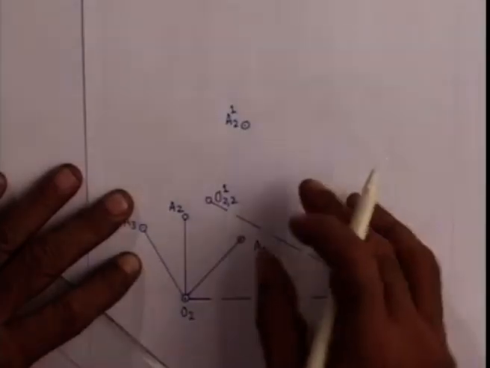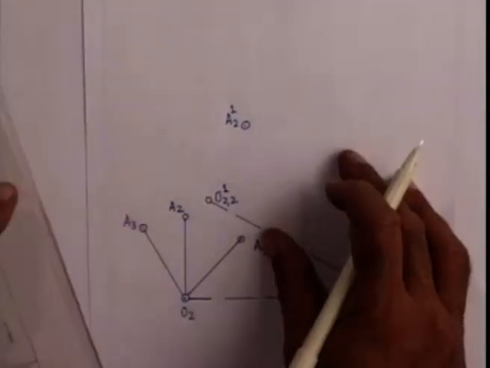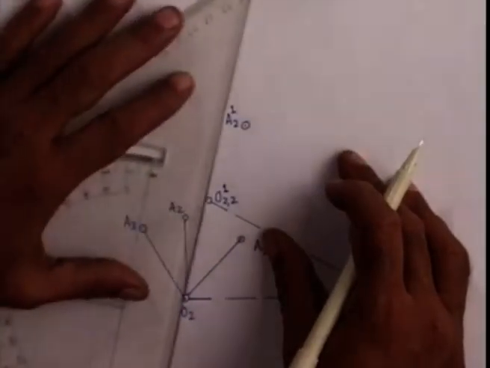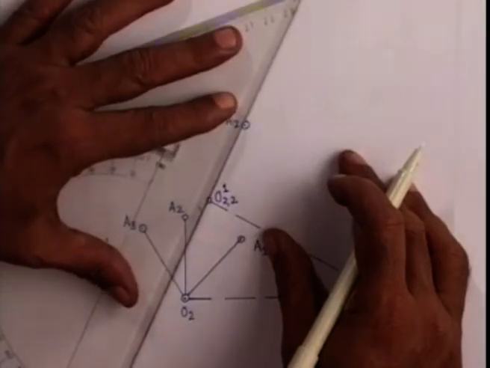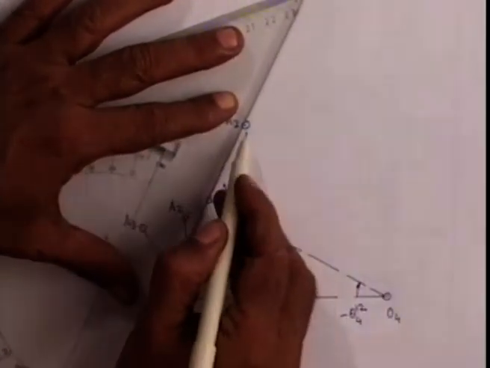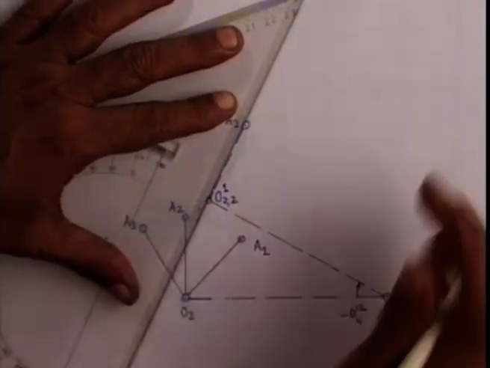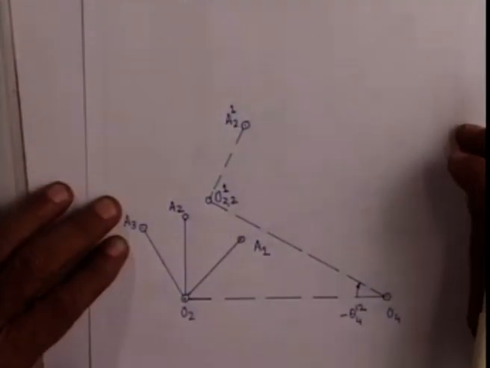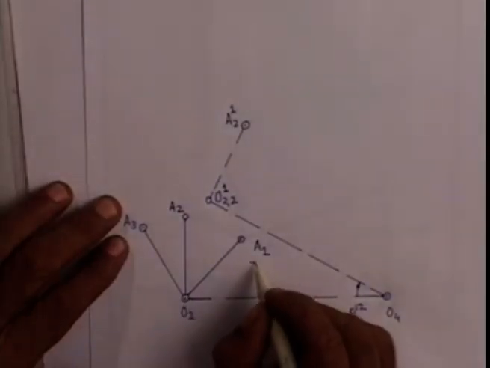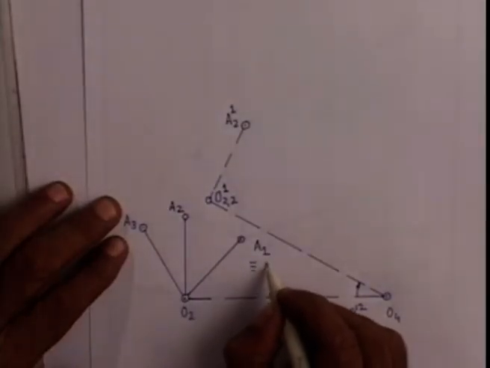Here O4B1 has been held fixed, that is the follower is held fixed at its first configuration. So A1 is identical to A11.